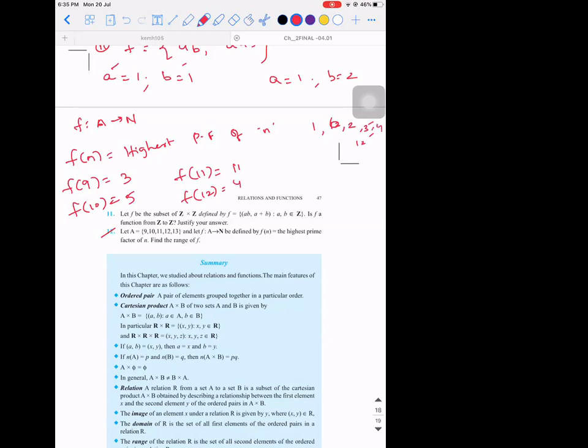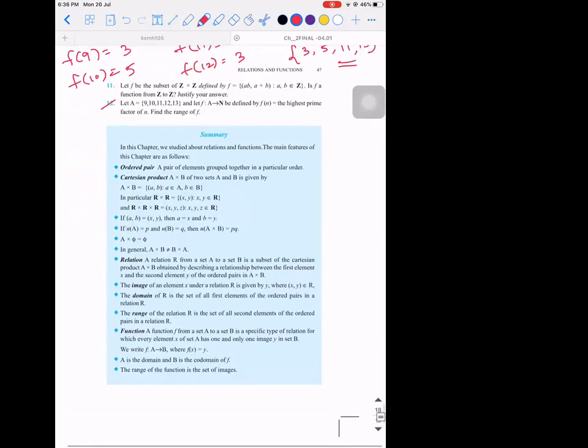But the highest prime factor is 3. Similarly, F of 13 is 13. Range: 3, 5, 11, 13.